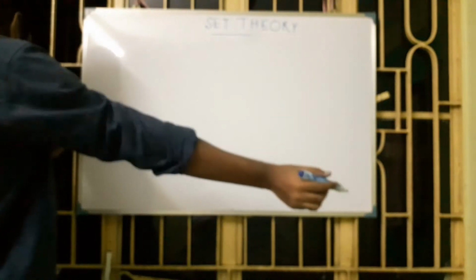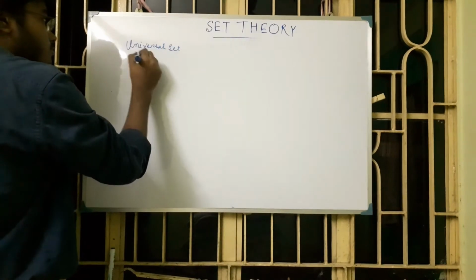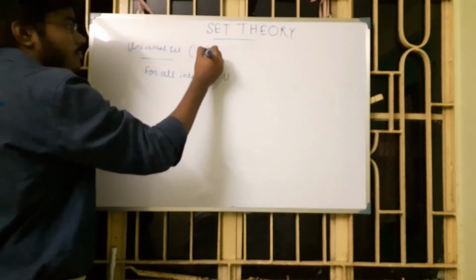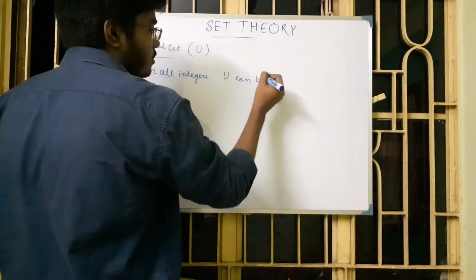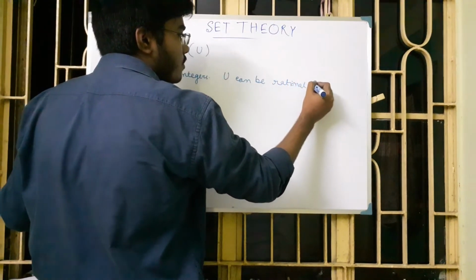Now, what is a universal set? For all integers, the universal set is represented as U. For all integers, U can be the rational numbers, the set of all rational numbers.